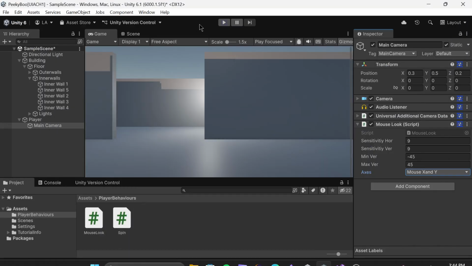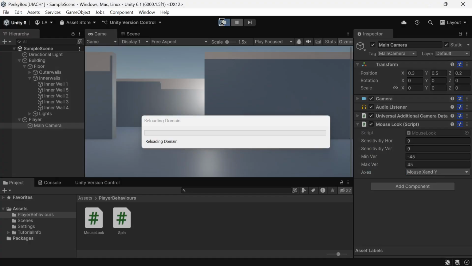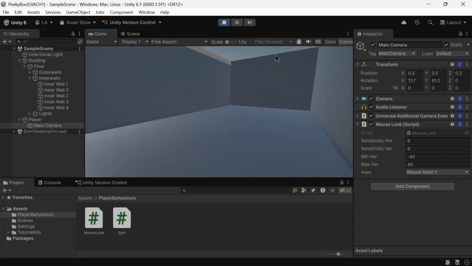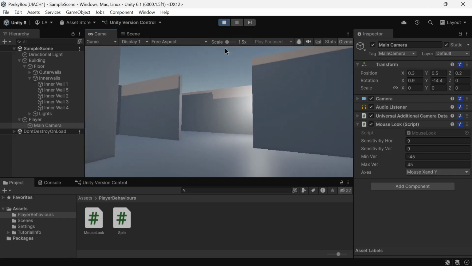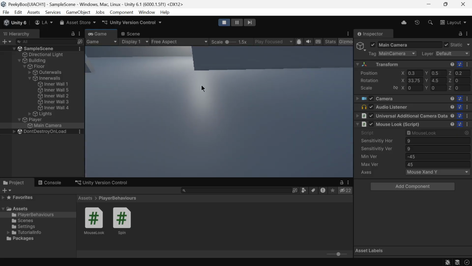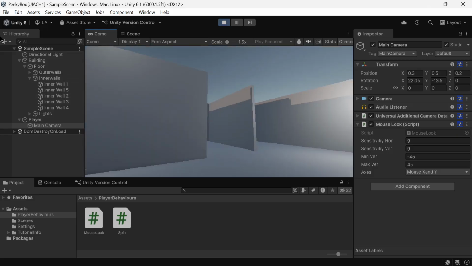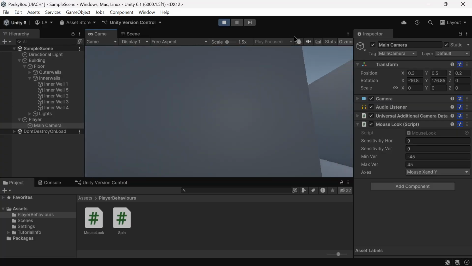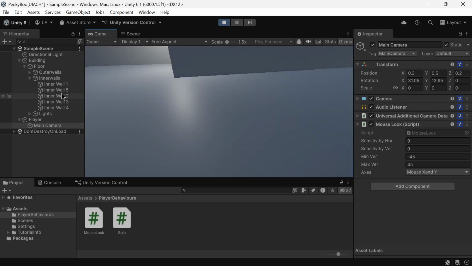Oh, yes, I did. Okay, it should work. I just think I had to save it. Oh, here we go. Okay, see? For the rotational values, we can see that Y is changing whichever direction we're going. I think the maximum is a 180-degree range.